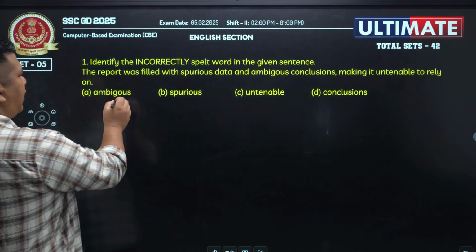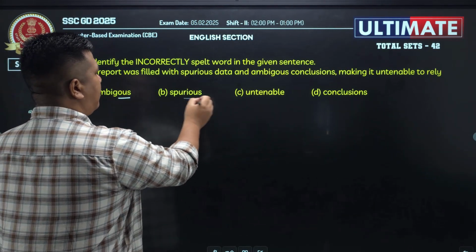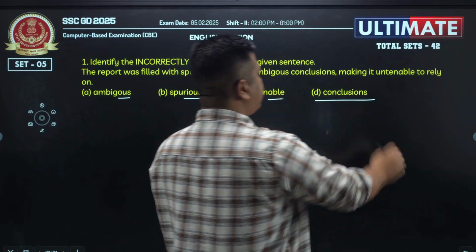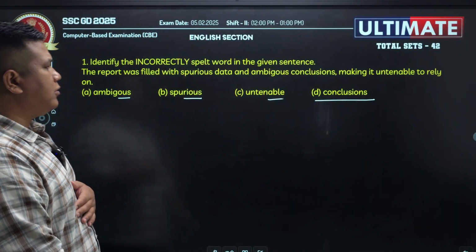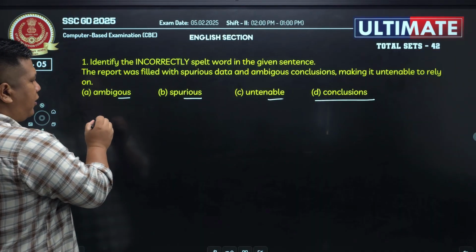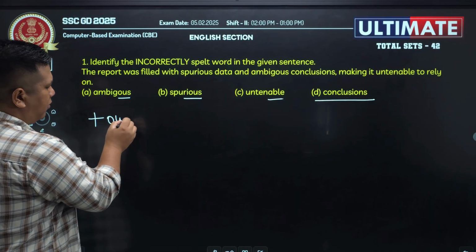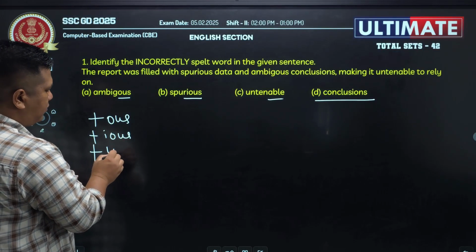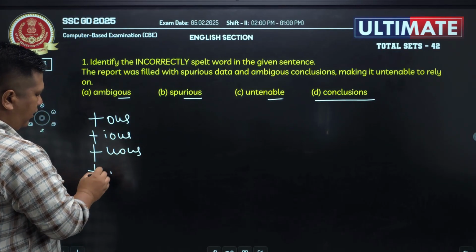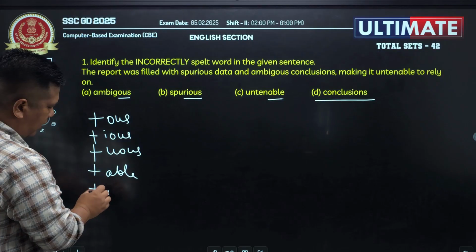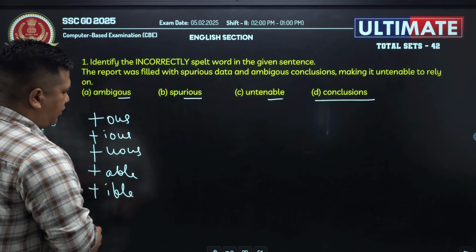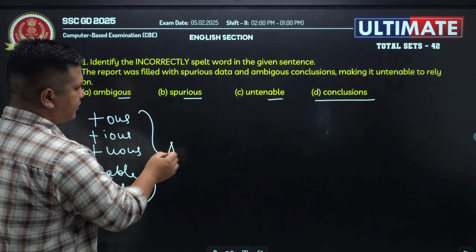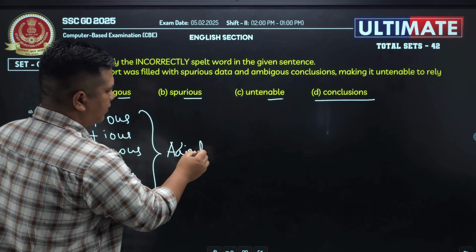So option A, ambiguous, spurious, untenable, conclusions. Out of these four words, when words end in OUS or IOUS or UOUS, ABLE, IBLE, these kinds of words have suffixes. These are usually adjectives.